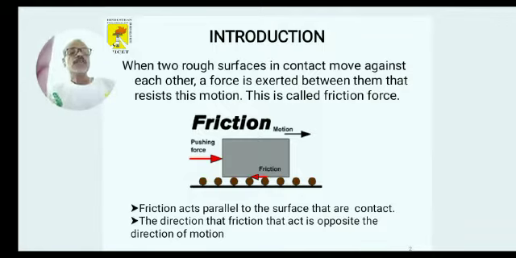The direction of motion is mentioned here, and naturally an opposite force, called the naturally induced friction force, acts. So this friction force always acts in the direction opposite to the motion.